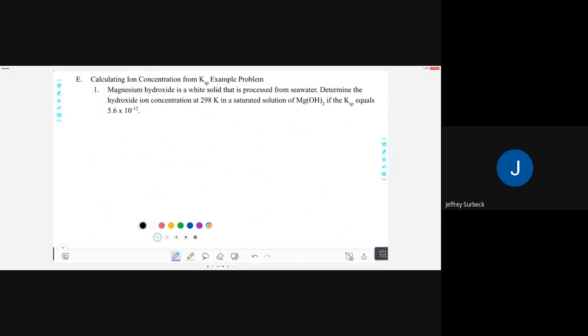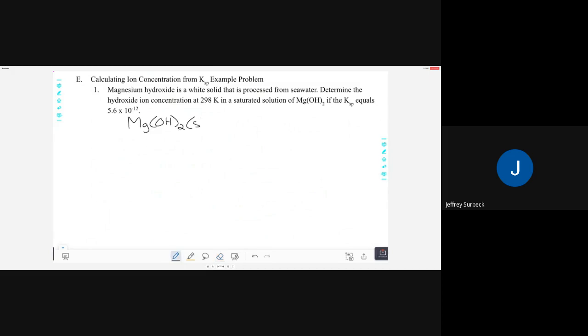The next part here is magnesium hydroxide. Cool, looks pretty similar, but I'm going to throw up the equation real quick just like I did on the other slide. Magnesium hydroxide, it's a solid. Put that as Mg(OH)2.